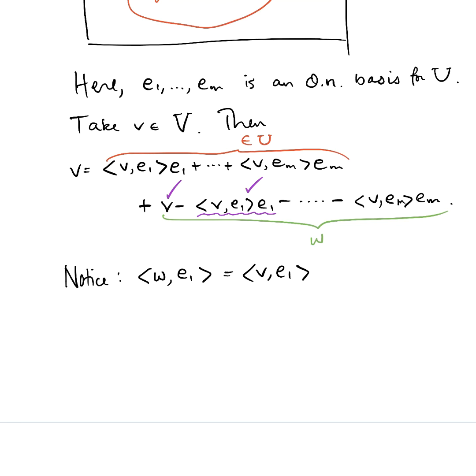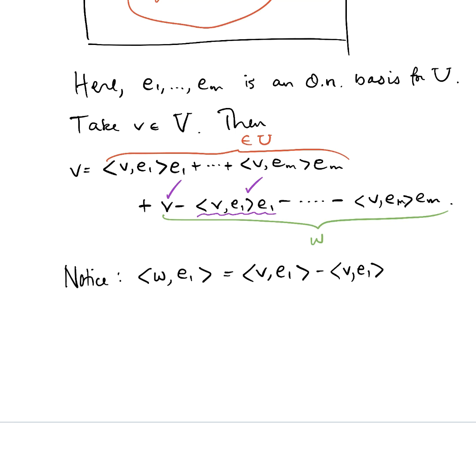So you just get the inner product of v with E1 sitting out in front of the inner product of E1 with E1. But what is the inner product of E1 with E1? It's just 1 because the E's are orthonormal. So when that second piece hits inner product with E1, we just get the inner product of v with E1.